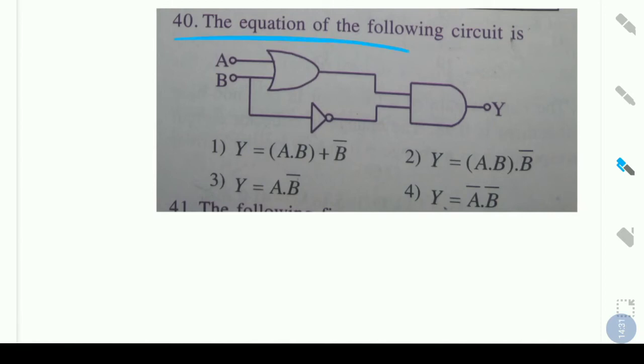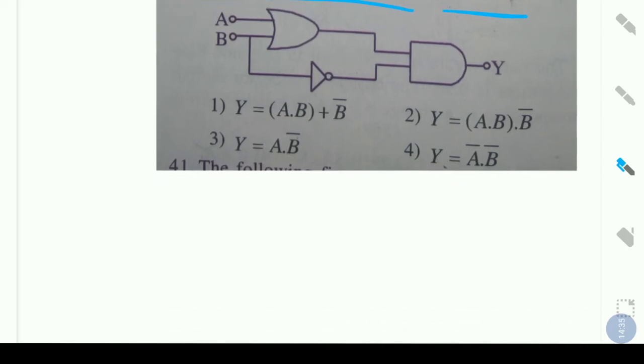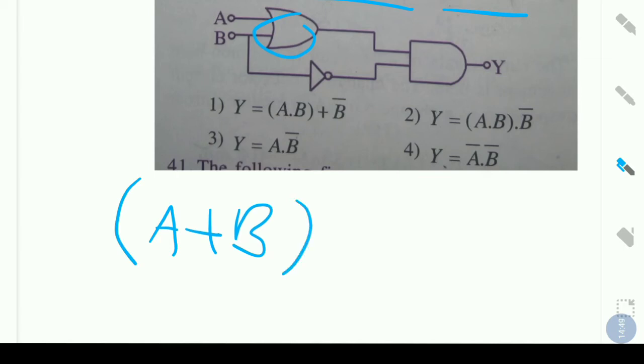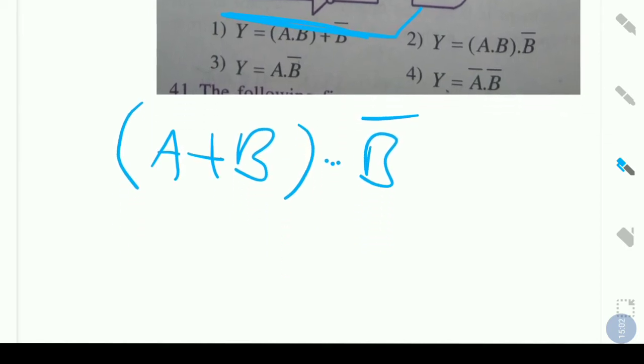The equation of the following circuit is... so here, the following circuit A, this is the OR gate, B dot, this B bar connecting to AND gate, so dot B complement.